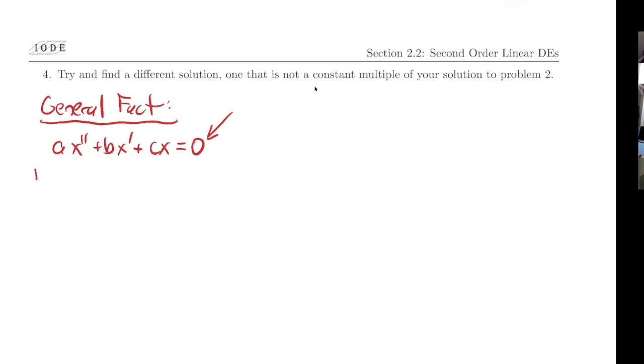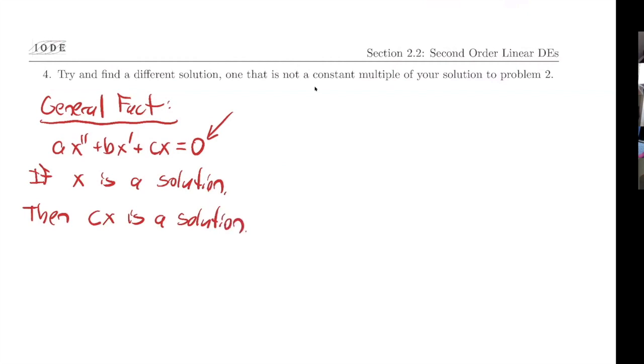But if x is a solution, then multiplying that solution by a constant is also going to be a solution. That worked for the example that we're thinking about right now. That works in general.